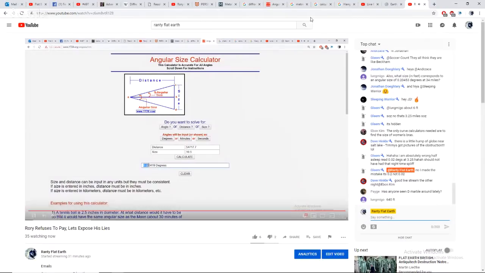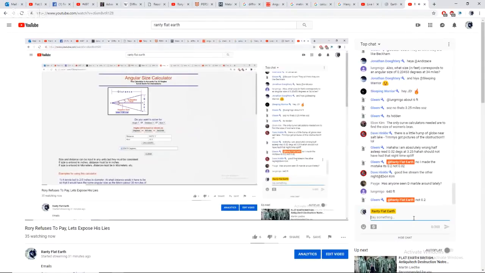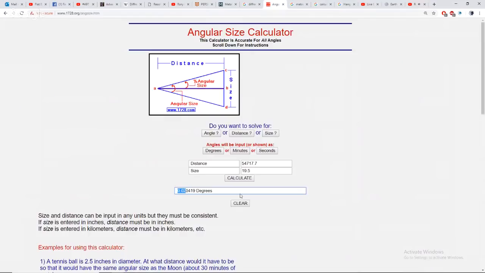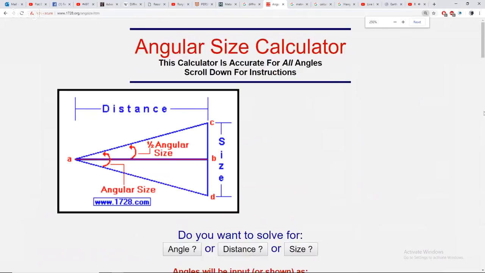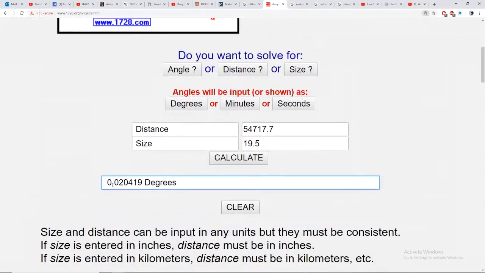So 64 feet, not 640 feet, 64 feet. Do you want to zoom in so that you can see this? There we go. So there's the result, there's the angle, there's the degrees that were given, 0.02. So it's not 0.2, it's 0.02.